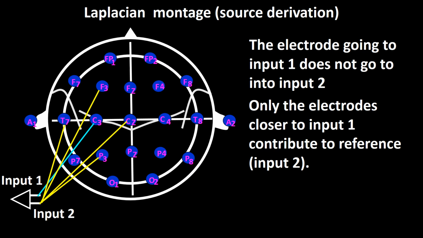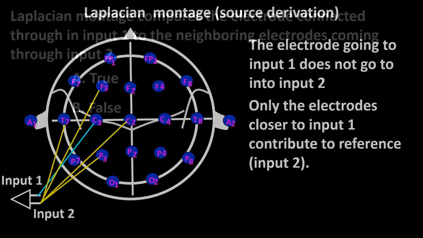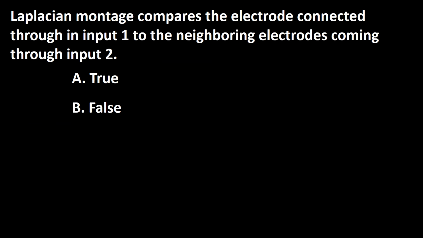We can summarize this arrangement with the following comments. The electrode going to input 1 does not go to input 2, and only the electrodes closer to input 1 contribute to the reference. So the answer to this question is true.